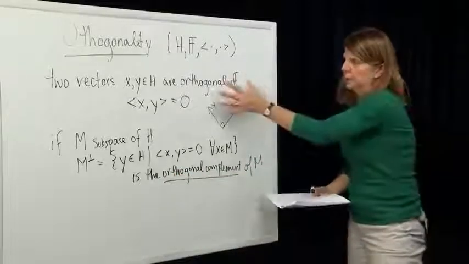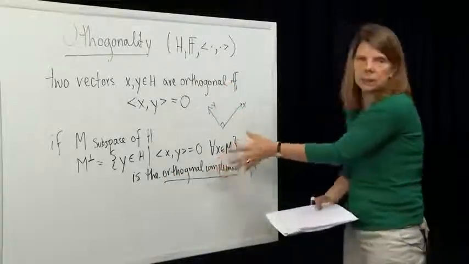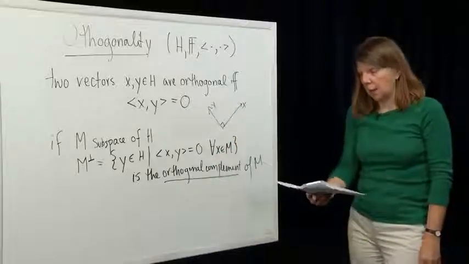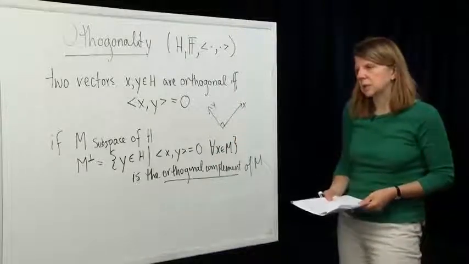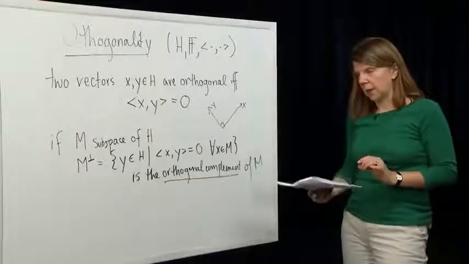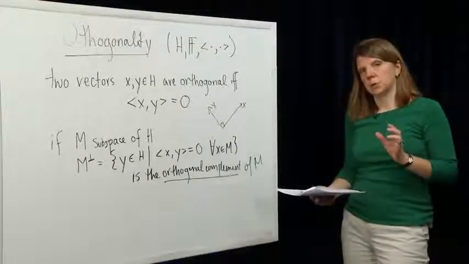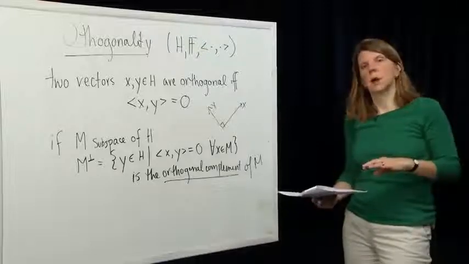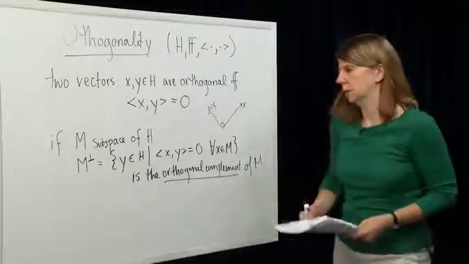So orthogonality of vectors, orthogonality of subspaces, and we can say some interesting things here. We can show, for example, just from this definition, that the only intersection between M and its orthogonal complement is the 0 vector.